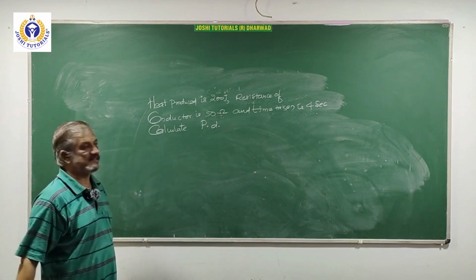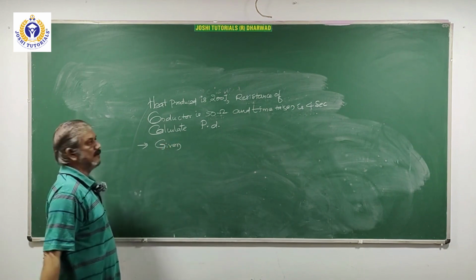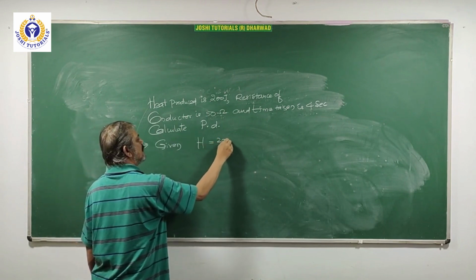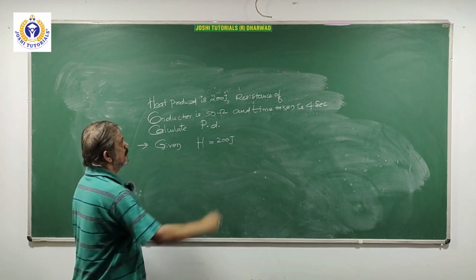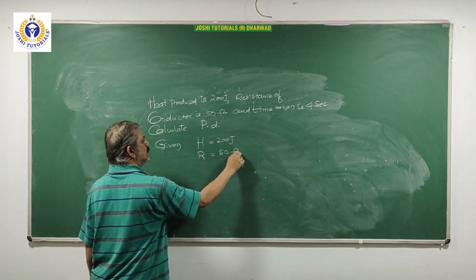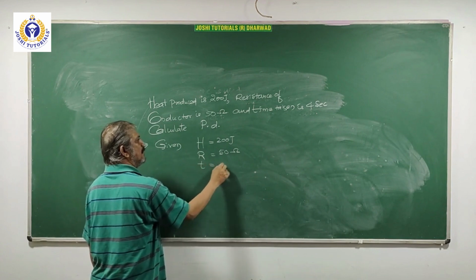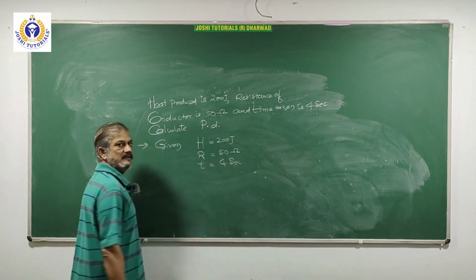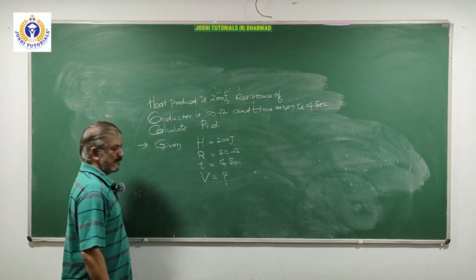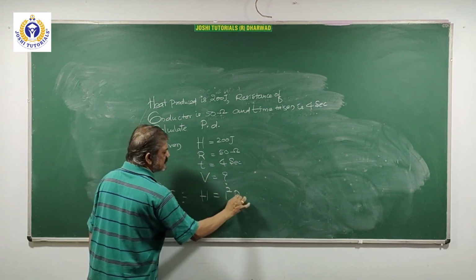This is a different kind. You have to write first the given. 200 joules heat is produced, H equal to 200. Resistance of the conductor R equals 50 ohms. Time taken is 4 seconds. Calculate PD, that is V. You must remember which formula to be used. H equal to I square RT.